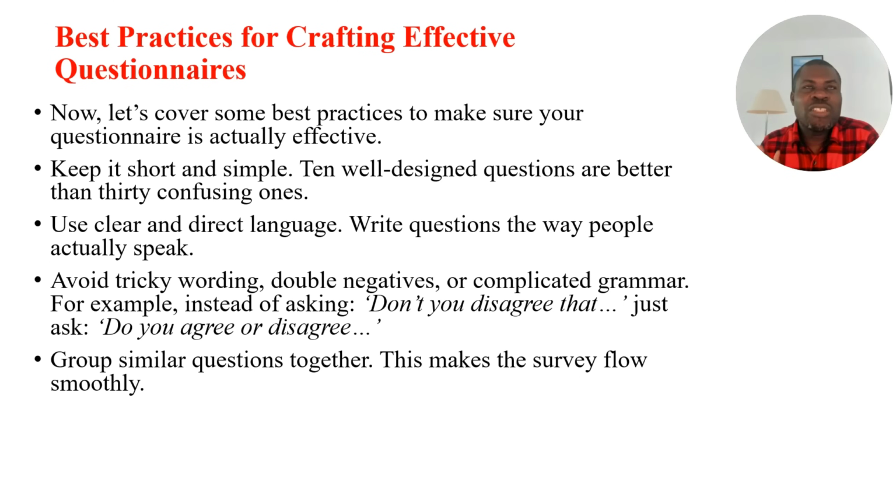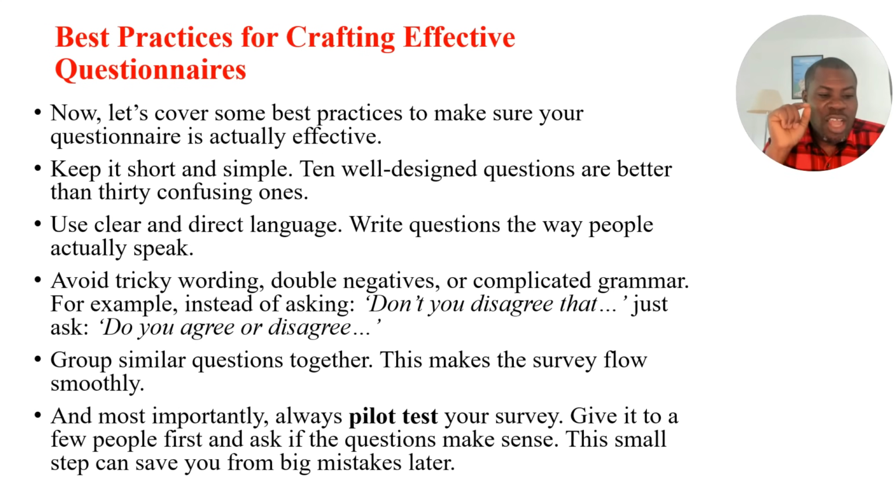Those measuring behavioral engagement will also be grouped together, so that respondents can respond freely to your questionnaire. Lastly, and most importantly, always pilot test your survey. Give it to a few persons and let them go through the questions and make sure that they understand them before you apply the survey to the main people you want to survey. This small step can save you from big mistakes later.